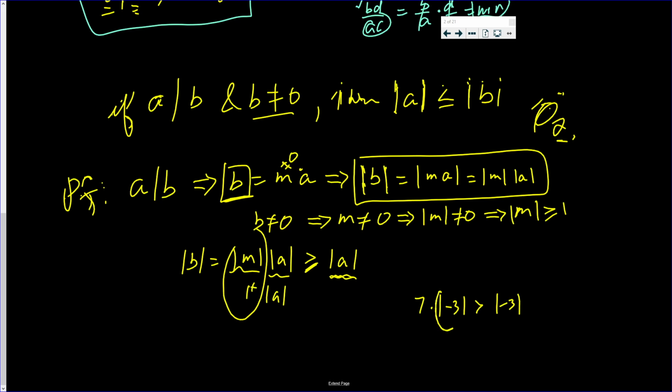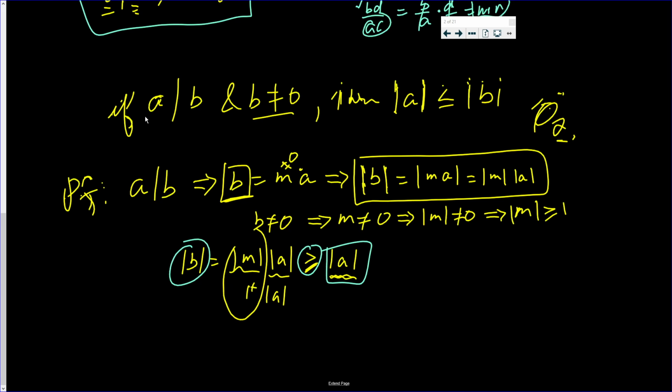If I multiply by more than 1, I get greater. If I multiply by 1, I get equal to. And the good thing is, that's all we wanted to show: that the absolute value of b was greater than or equal to the absolute value of a.